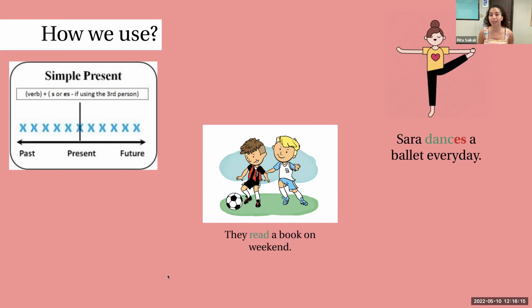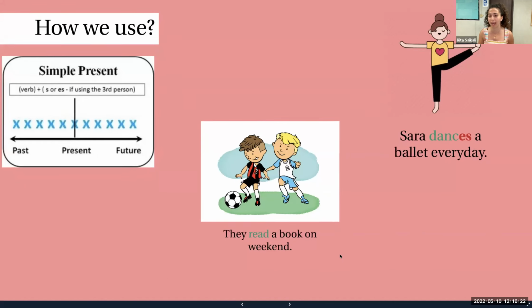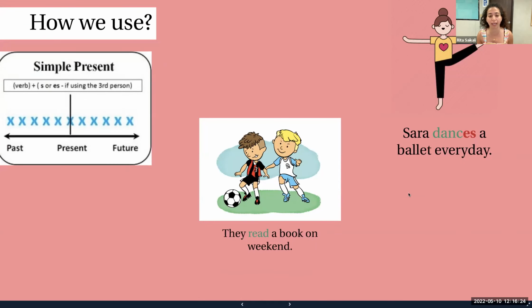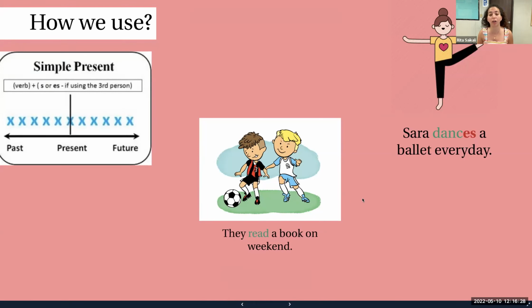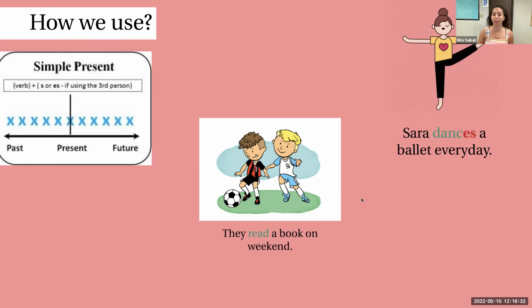For example, Sarah dances ballet every day. They read a book on the weekend. They play soccer every week. Every day, every month, every week, every weekend, every year, no matter what the time interval is, there is a repetition.